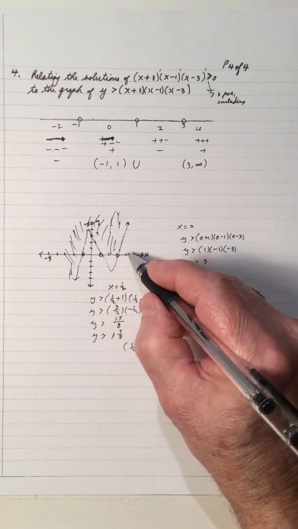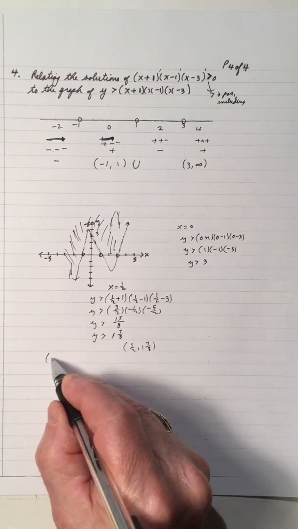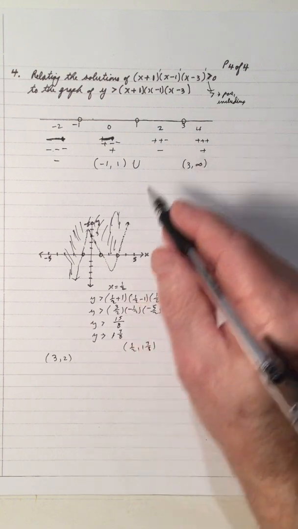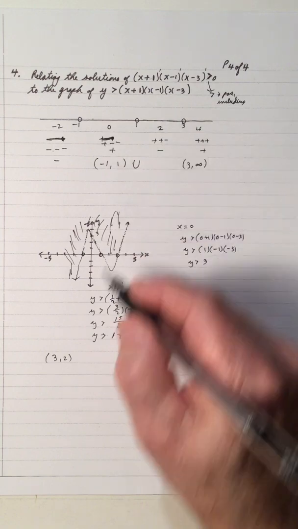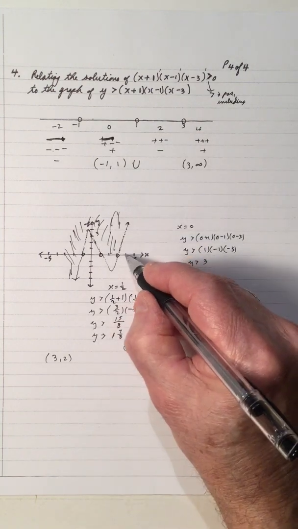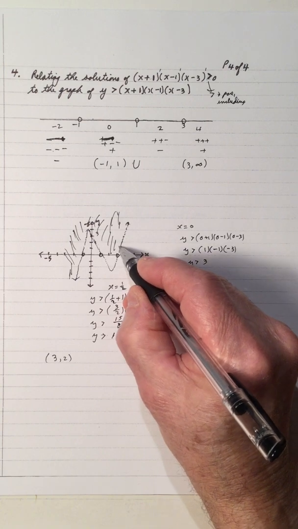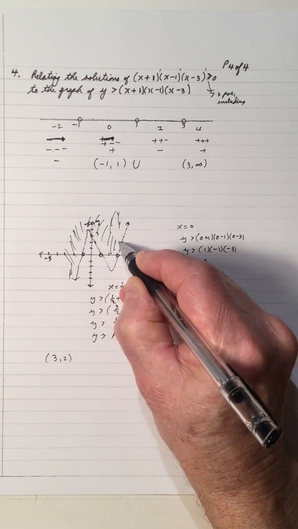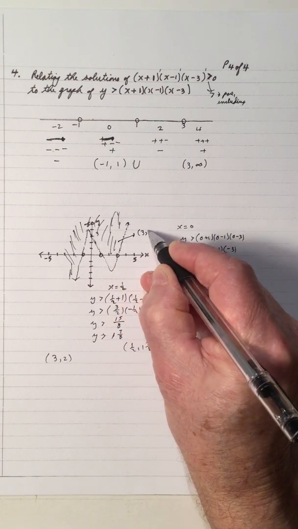But also, if you take the point 3, 2, and put 3, 2 into this equation, x is 3, y is 2. So there's the point right there. That's the point 3, 2.